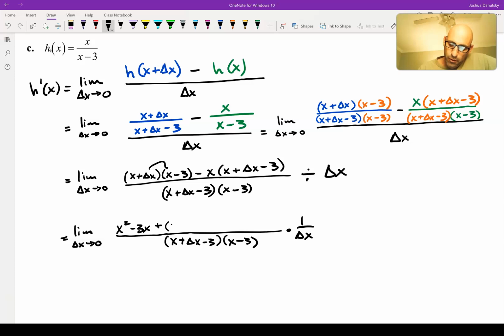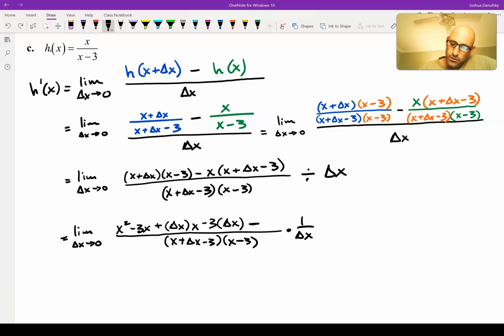And I'm going to put it in parentheses just so it's really clear that they're being multiplied. And then finally, we're going to multiply negative 3 times delta x. Okay? So I think I got all my multiplications there, right? I've got x squared minus 3x, delta x times x, negative 3 times delta x, okay?